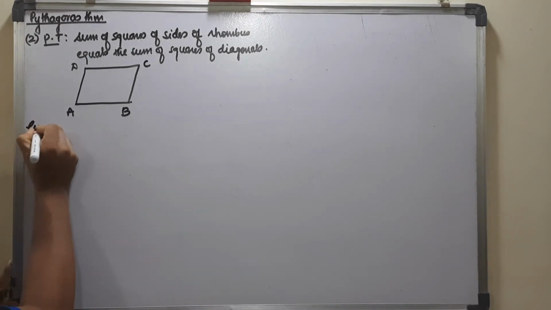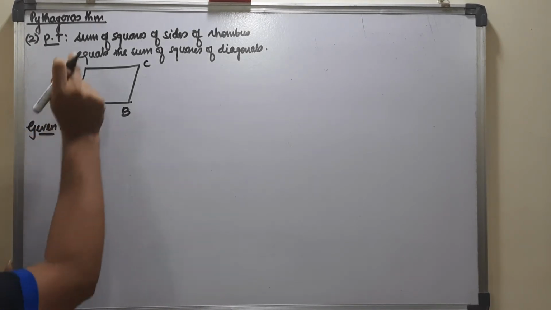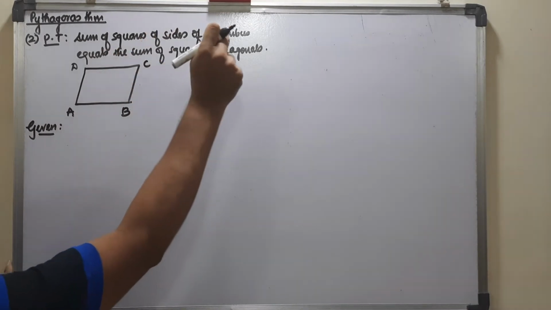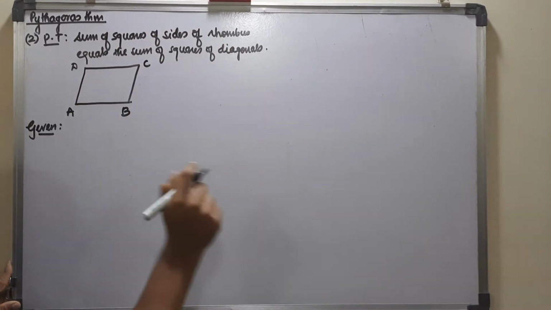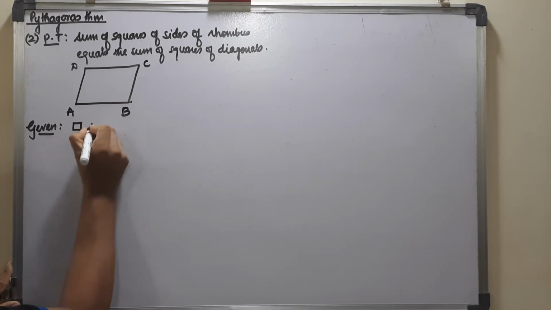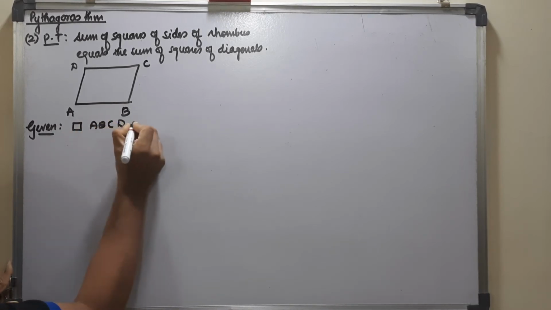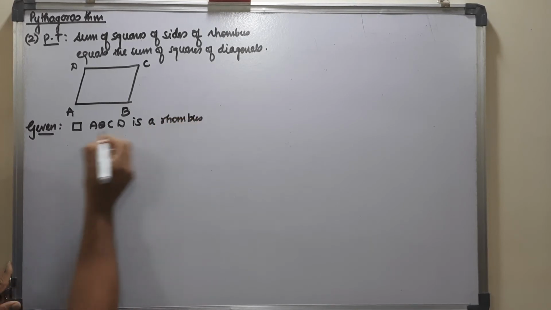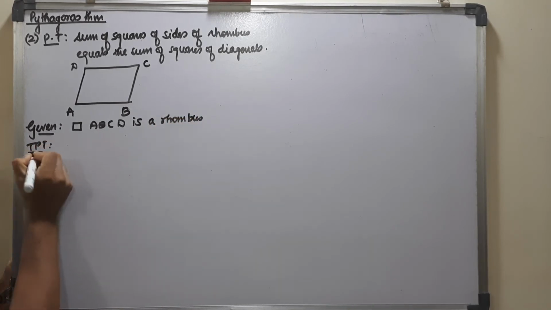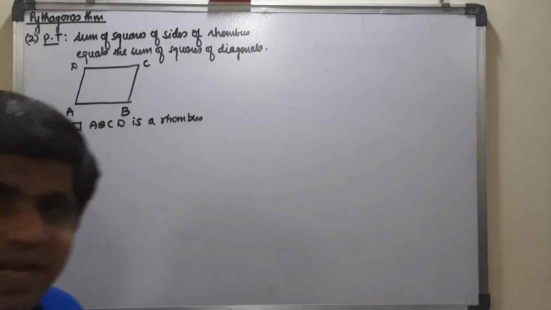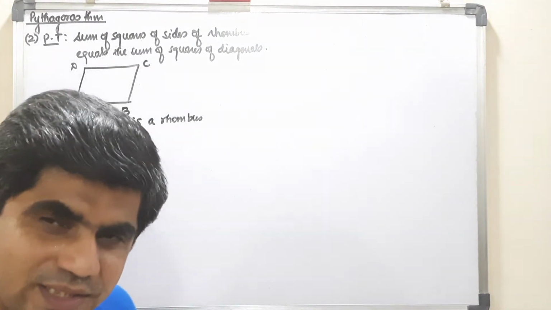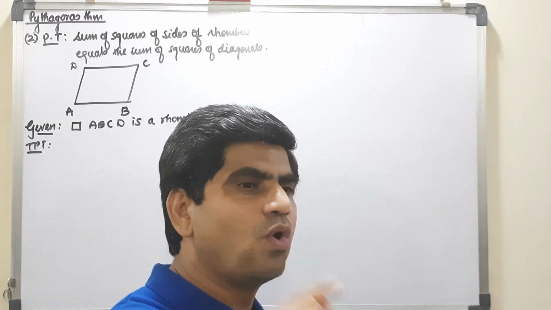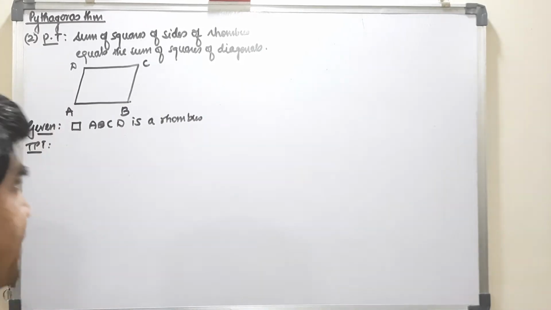That means the part which is given says the sum of the squares of sides of rhombus. That means rhombus must be given first to you. That is quadrilateral ABCD is a rhombus. Okay, so by the time you write rhombus, you try to recollect the definition of the rhombus and the property that holds for all the rhombus.